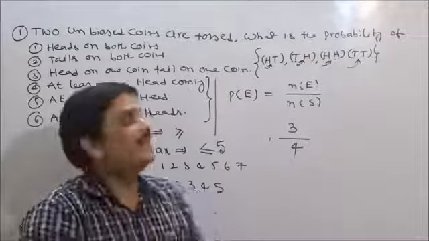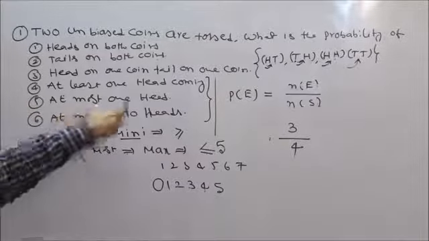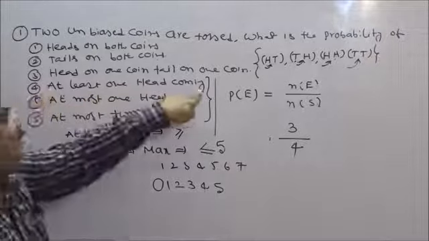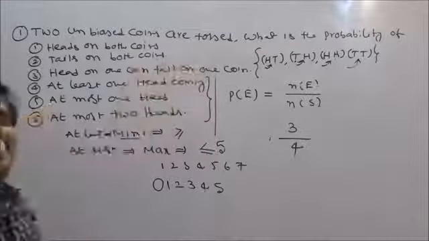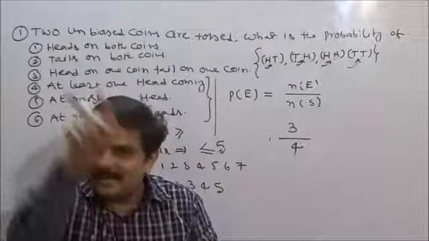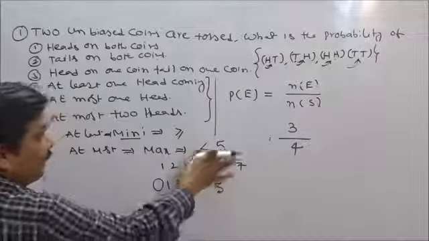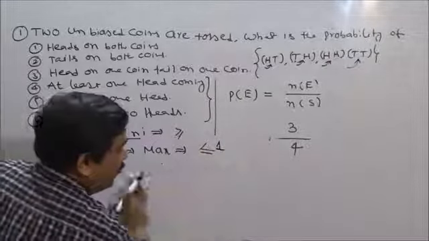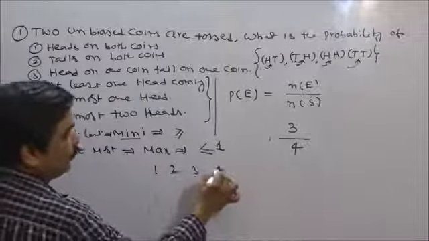Got the idea? Right. Suppose the question is at most one head? Now you see students, previously that was at least one head, now it is at most one head. What do you mean by at most one head? Maximum one head, less than or equal to one head. Total 4 possibilities are there. 1, 2, 3, 4.